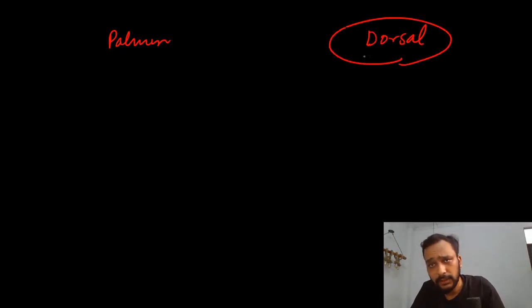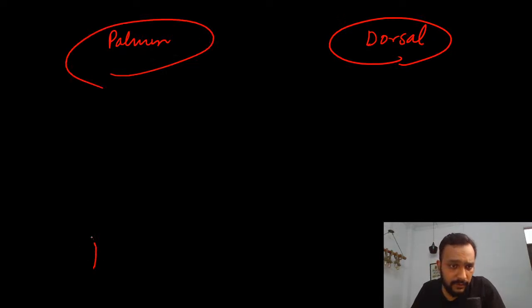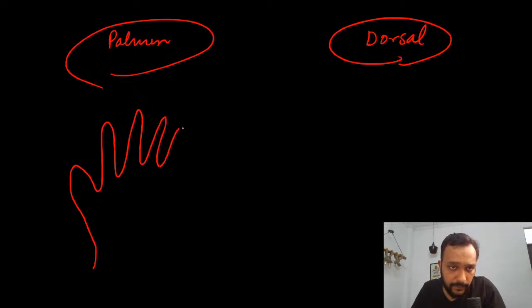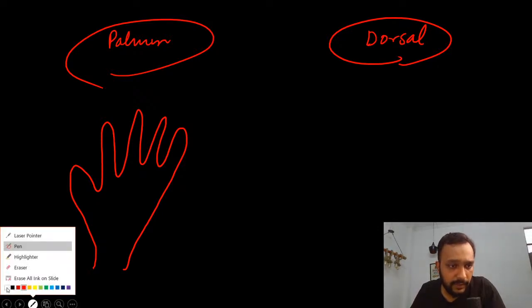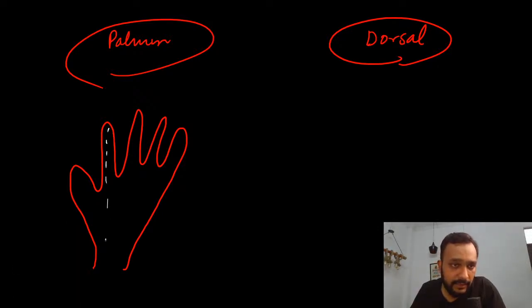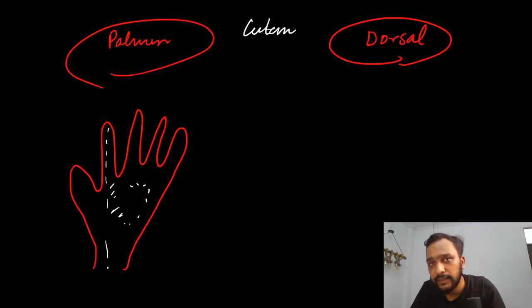So this is the palmar aspect that I'm going to draw, and this is the dorsal aspect. We are discussing the cutaneous nerve supply of the hand.